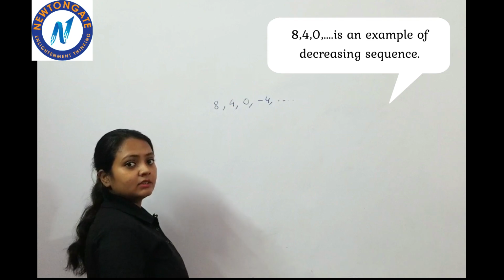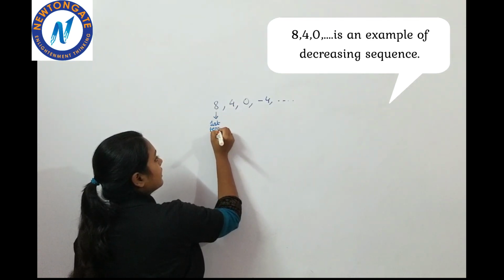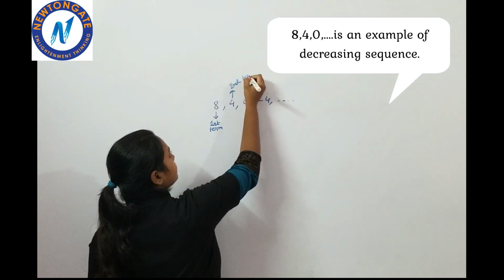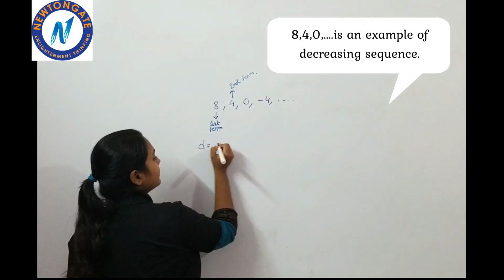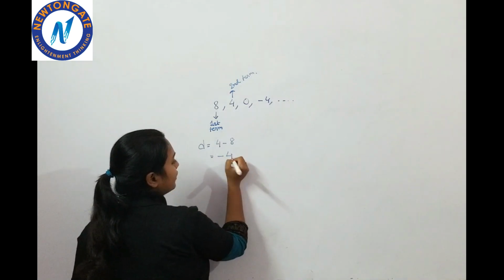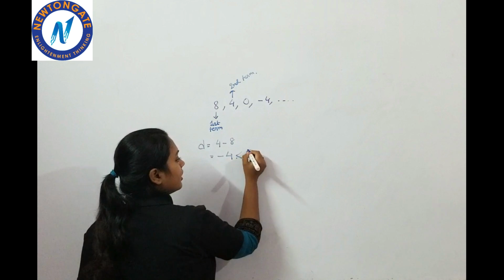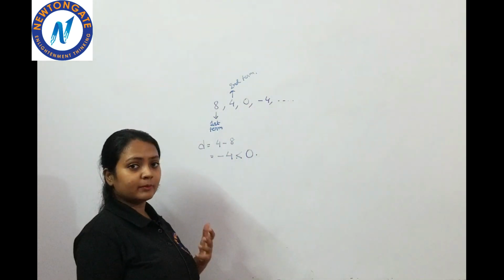In this case, the first term is 8 and the second term is 4 and the common difference is 4 minus 8 equals minus 4. This is less than 0 and this progression is known as decreasing progression.